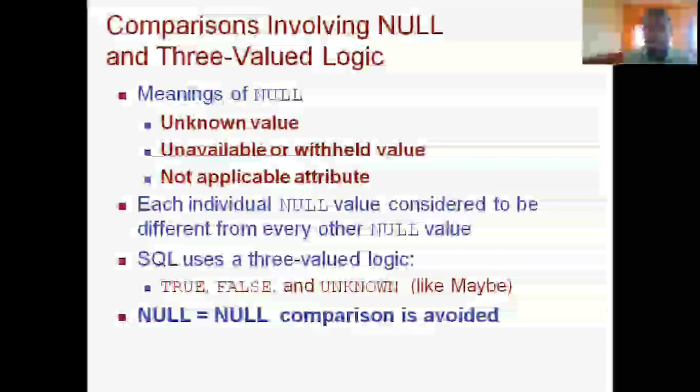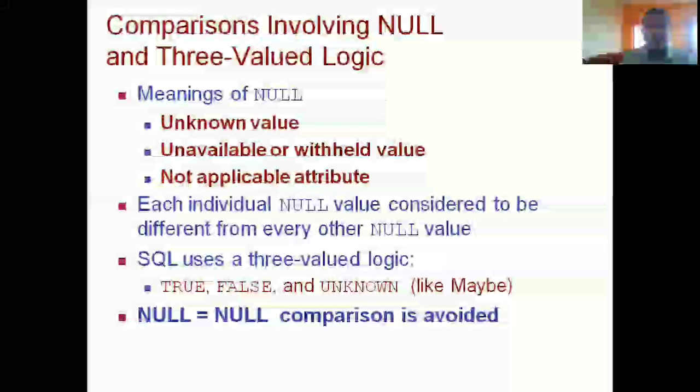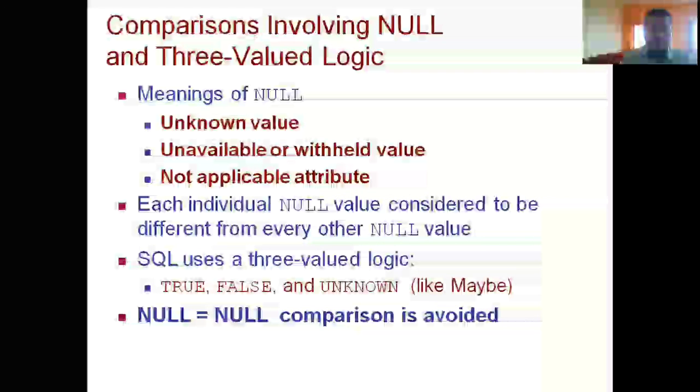That should be the condition, like contact number, parents' contact number, student contact number. There may be chances that a student doesn't have any contact number, so we have to put null, meaning there is no data. So the meaning of this null: unknown value, unavailable or withheld value, and not applicable attributes.